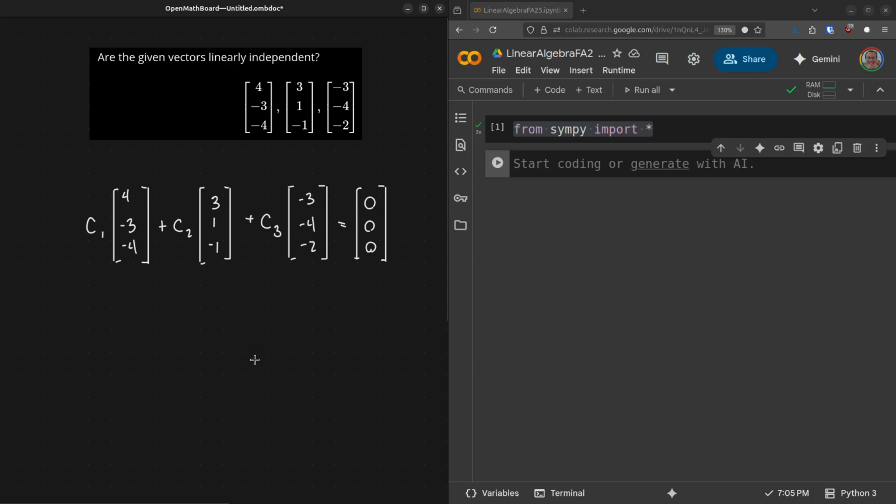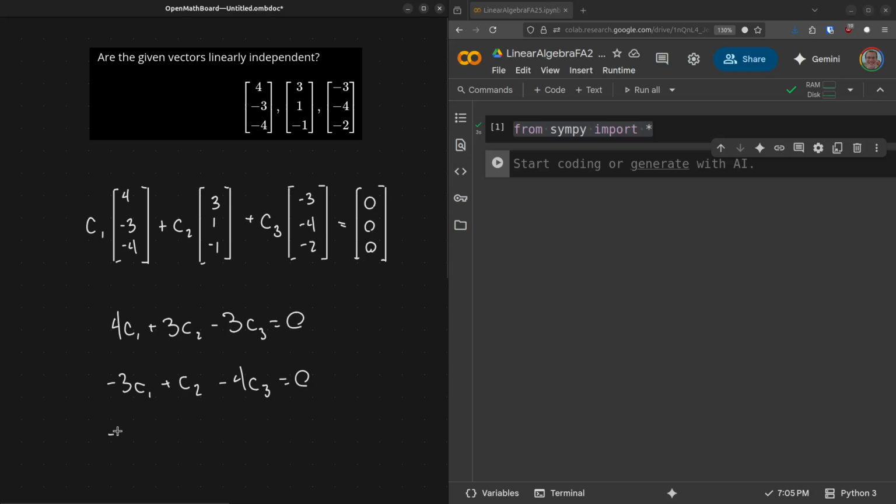Now again, I can write this as a system of linear equations. If I look at the first row, 4C1 plus 3C2 minus 3C3 equals 0. Second row, negative 3C1 plus 1C2 minus 4C3 equals 0.